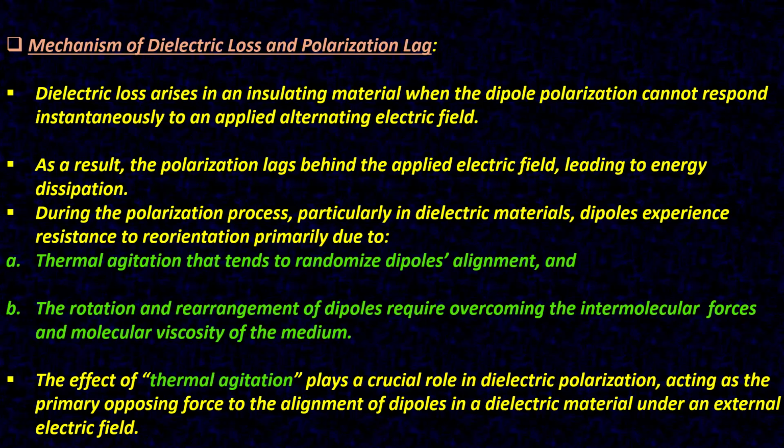During the polarization process, particularly in dielectric materials, dipoles experience resistance to reorientation primarily due to A, thermal agitation that tends to randomize dipole alignment, and B, the rotation and rearrangement of dipoles requiring overcoming the intermolecular forces and molecular viscosity of the medium.